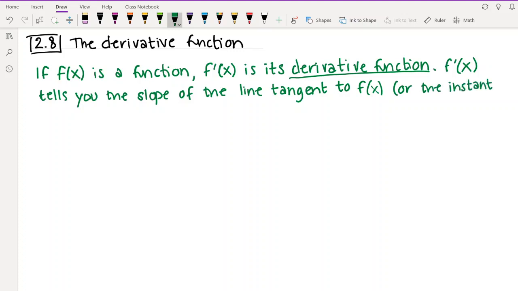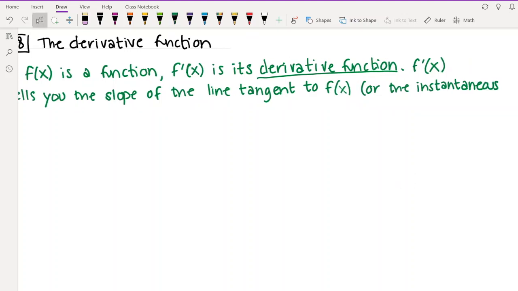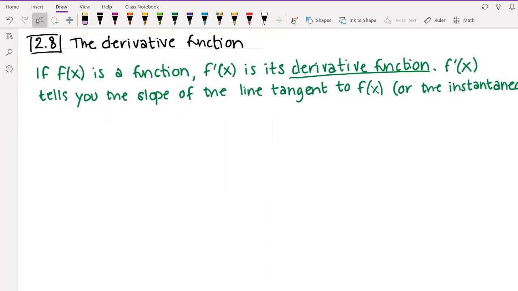That's something we talked about at the beginning of the quarter, that the slope of the tangent line is the same thing as the instantaneous rate of change. So what's going on in your function at that moment? Is it increasing? Is it decreasing? How steep is it? That kind of stuff at that specific x value, or the instantaneous rate of change at every value of x.